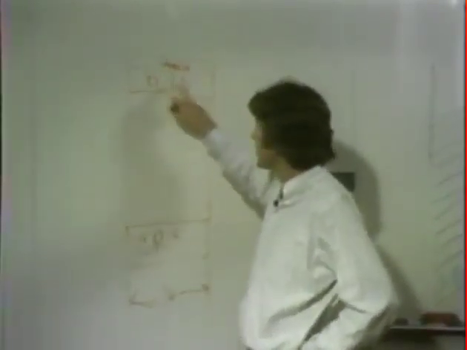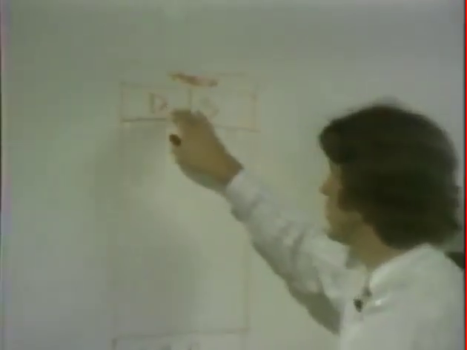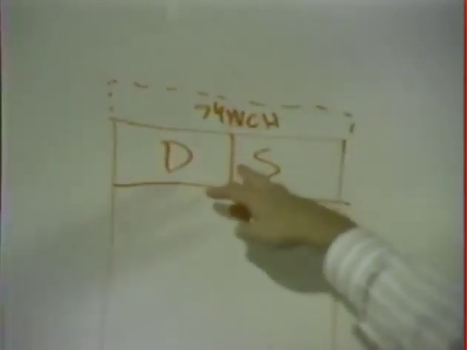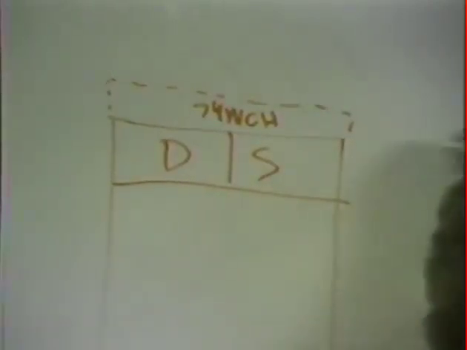I did, however, mention the destination and source, which I've shown here as two 8-bit bytes sitting in a 16-bit word, and this is literally how it looks inside the Alto, sitting in the Alto's main memory.